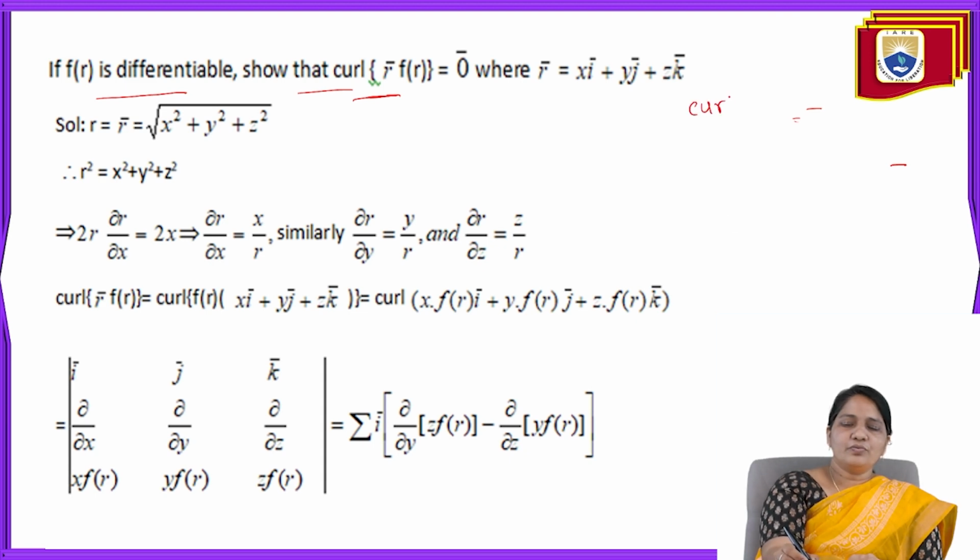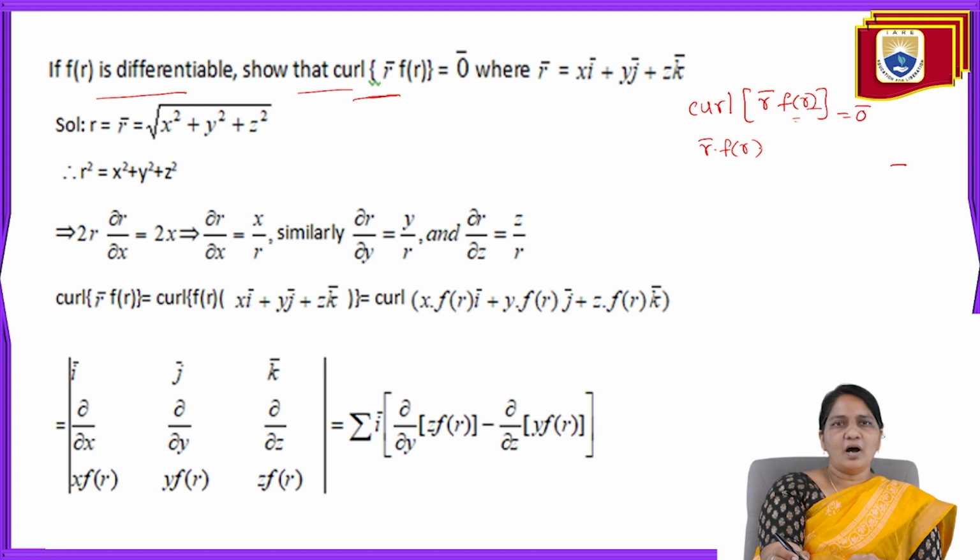They are asking to show that curl of (r bar into f of r) equal to 0. So what is r bar into f of r? First we will calculate that, and after that we can do the curl. So here r bar is x i.